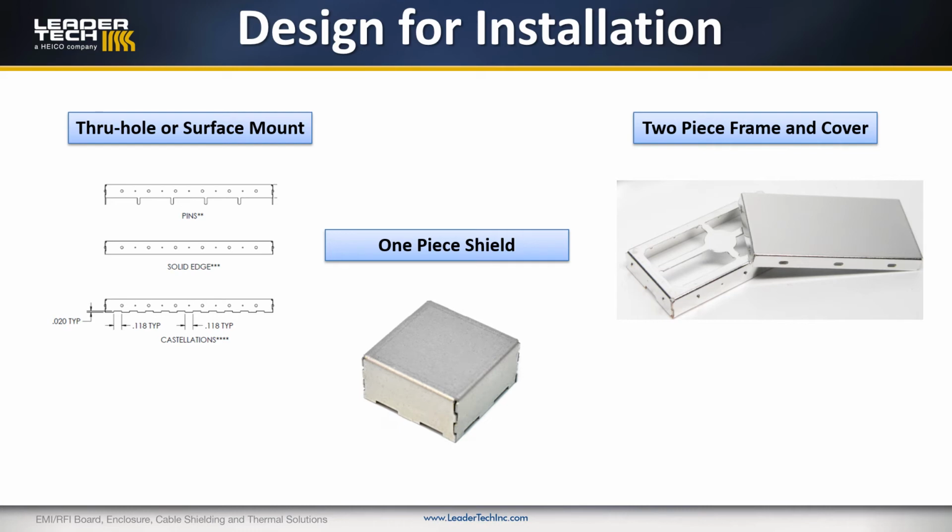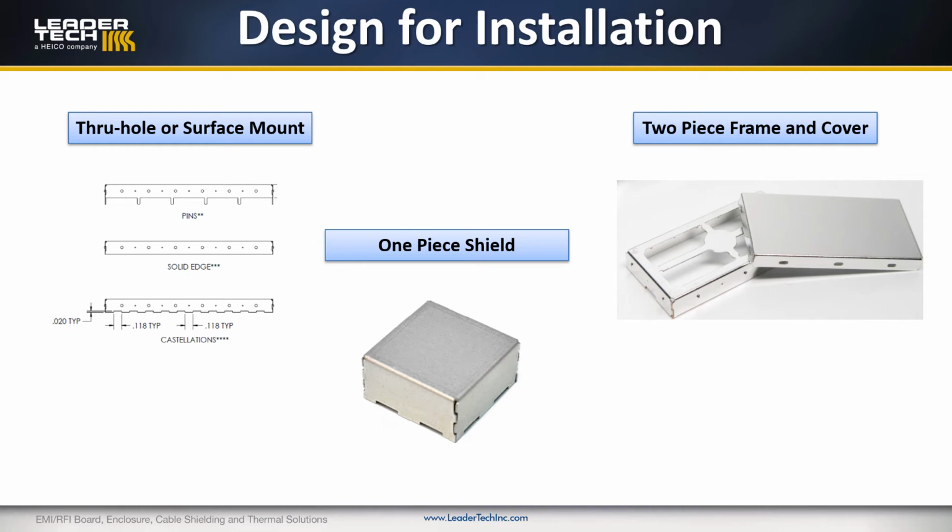So pins are sometimes used when you're doing wave solder, where they protrude through the circuit board and then it passes through a wave of molten solder, and then the pins are soldered underneath the board. Or pins are also good if you have a very complex shield. They can be used to hold it in place onto the circuit board trace.